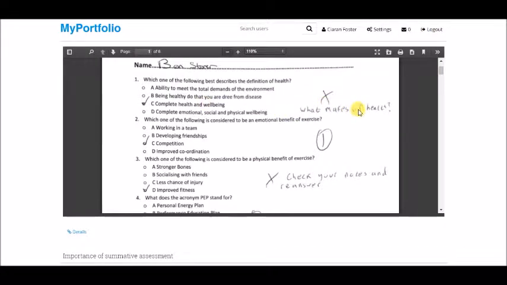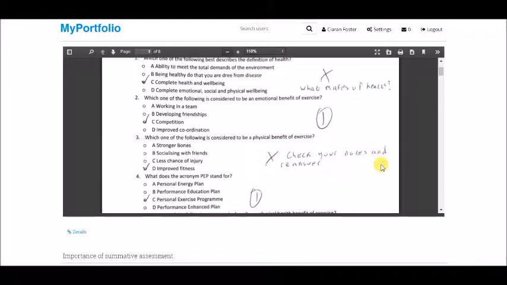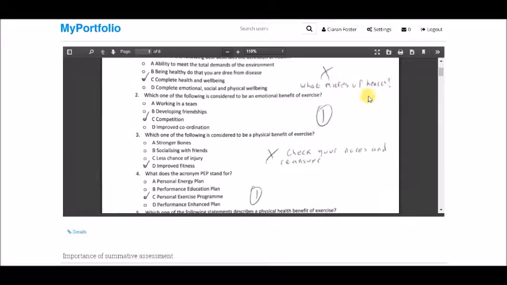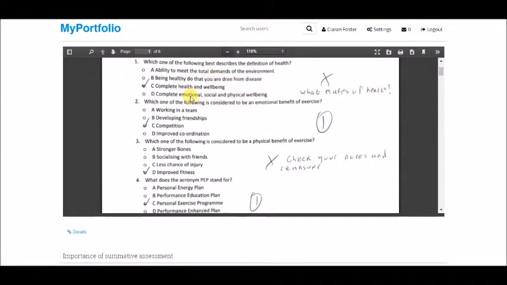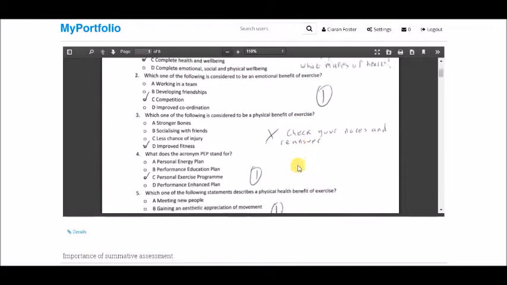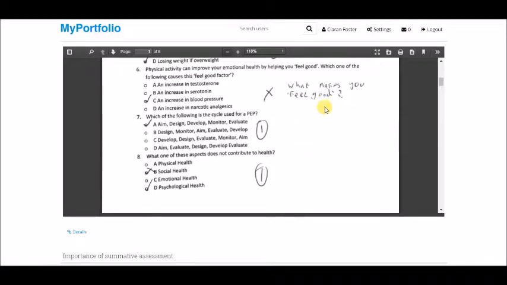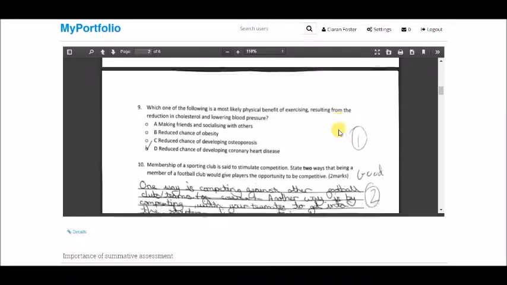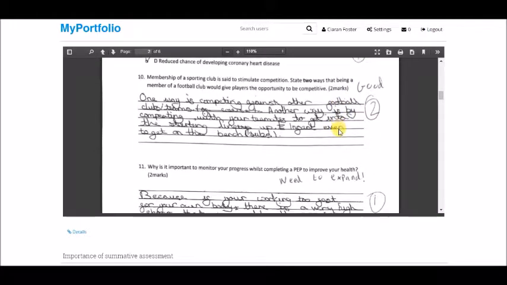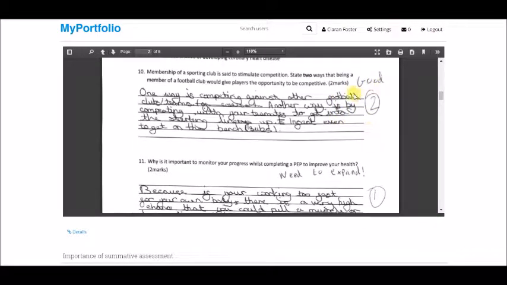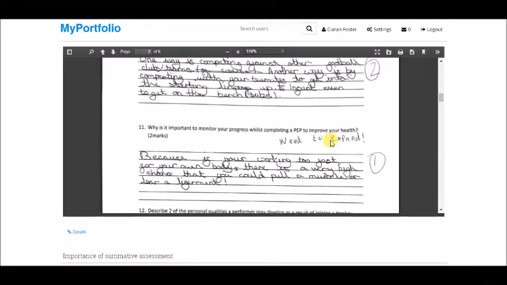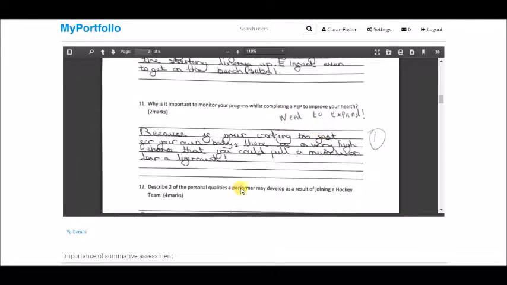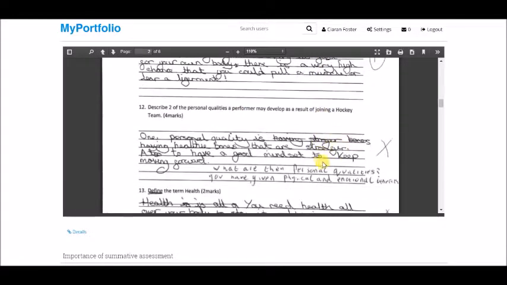For the multiple choice, for example, I wrote check your notes and re-answer what makes up health for question 1, and there are a few more interesting ones, such as looking at serotonin to make sure what makes you feel good. Again, when they got the correct answer, I commented good, or we need to expand, to allow them to make comments and adjustments to their work.